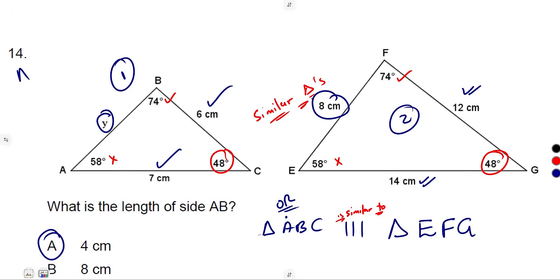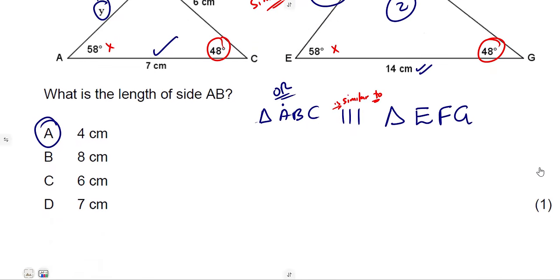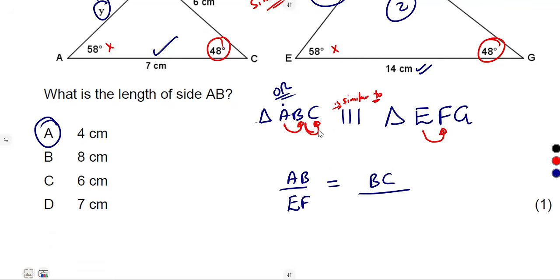From there, we can have the ratio of sides from the corresponding sides: AB over the corresponding side, which is EF. It must be equal to BC over the corresponding side, which is FG.